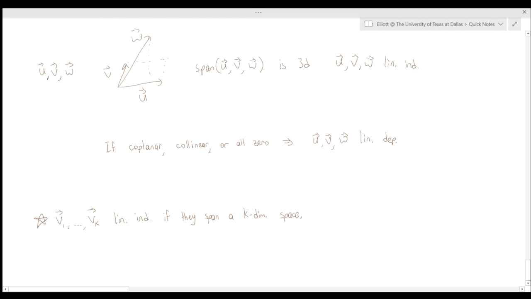Okay. So this is what linear independence means geometrically. If they span less than k dimensions, they would be linearly dependent instead.